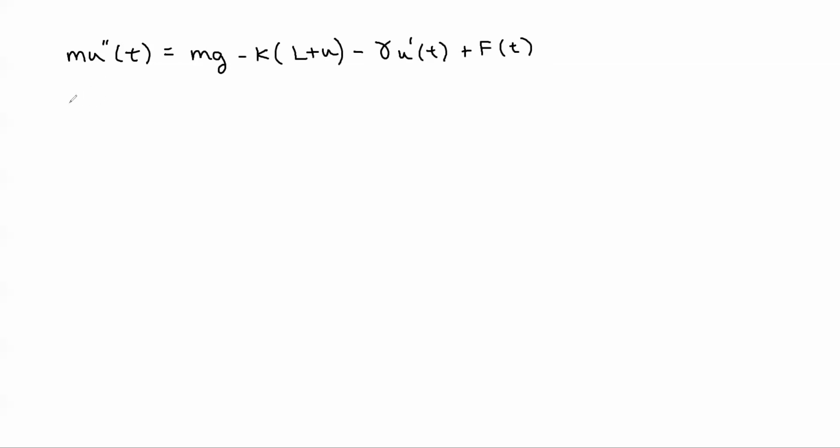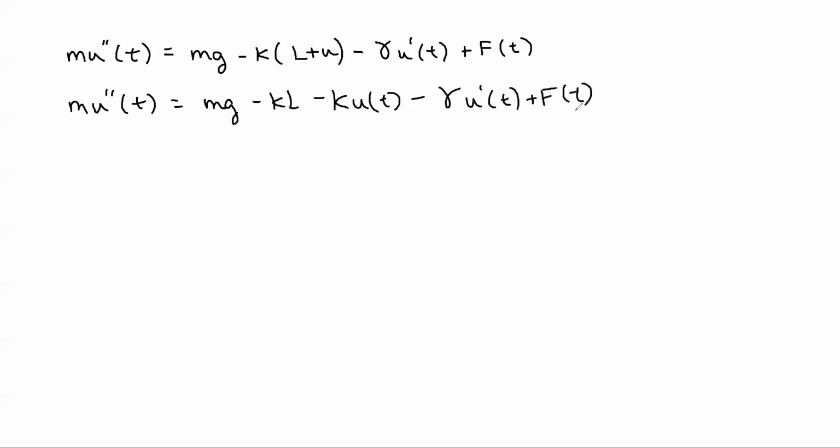Okay, and then we can go through and we can simplify this. This is mu double prime, equals mg minus kL minus kU. That's supposed to be a u of t. Minus gamma u prime of t plus f of t. And then what do we know about mg minus kL?